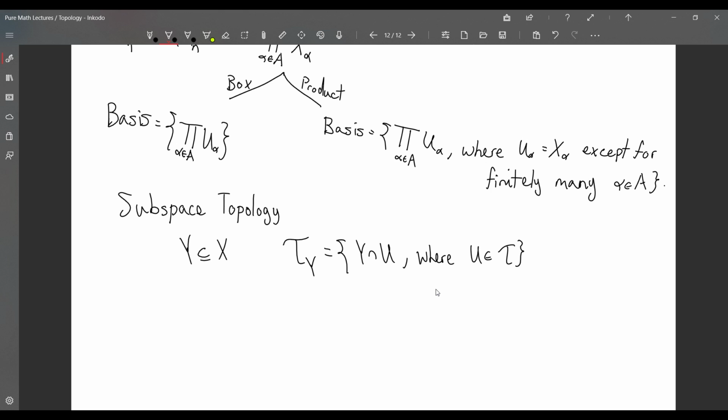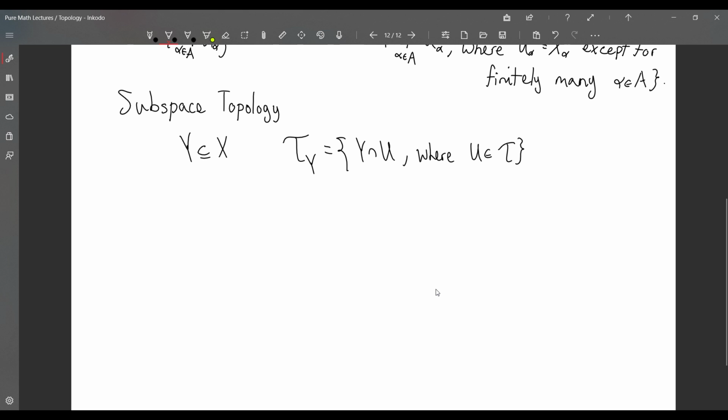This is a topology on Y. Similarly, you can form a basis for this same topology if you have a basis for your topology on X.